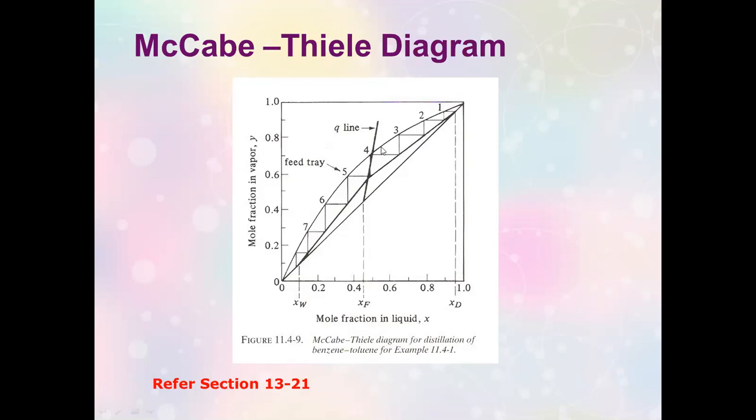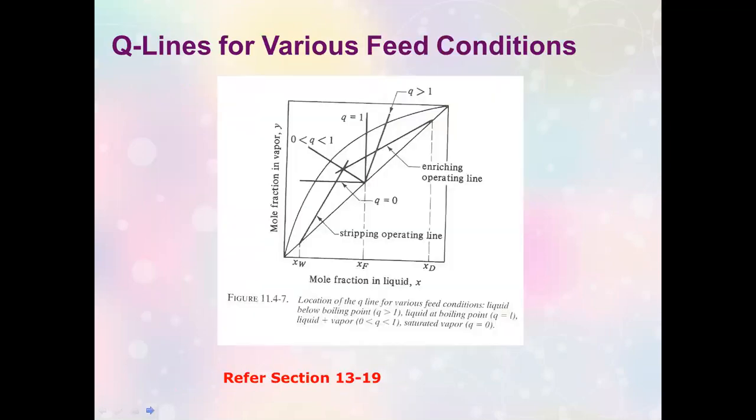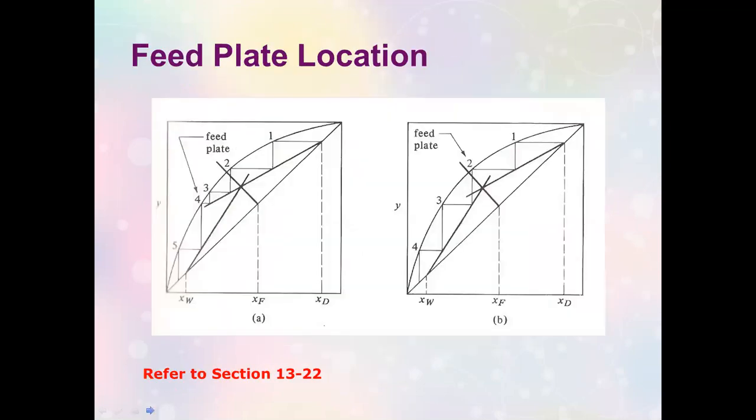And for the Q line, or the feed line, we need the X sub F and we need the slope of this line, or the y-intercept of this line. And the equation for this line, by the way, is this. So either you use the slope of the line or the y-intercept of the line.